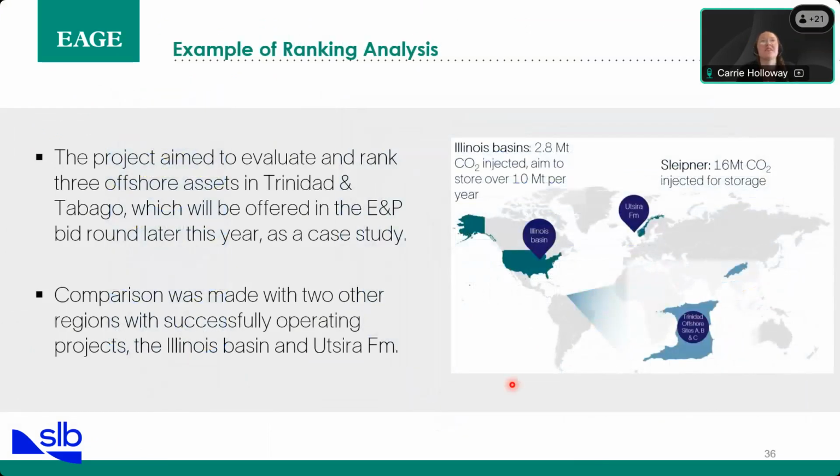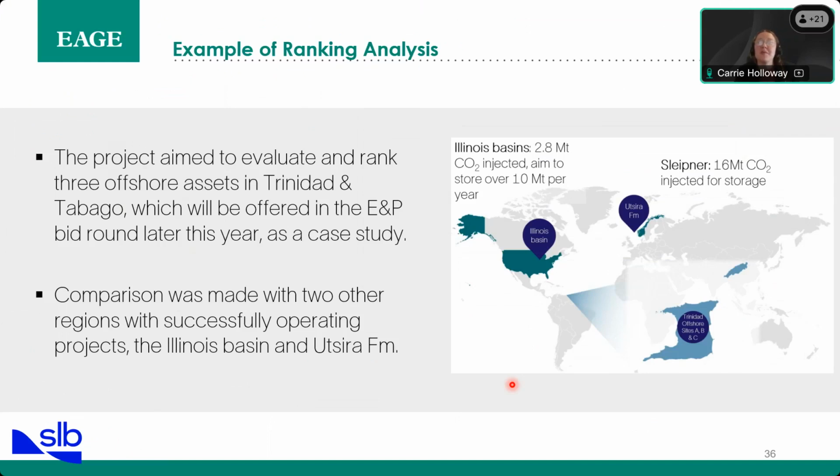So an example of this ranking analysis was a project we did for a client offshore Trinidad and Tobago. So the project aimed to evaluate and rank 3 offshore assets in Trinidad because there's actually a bid round going on at the moment.